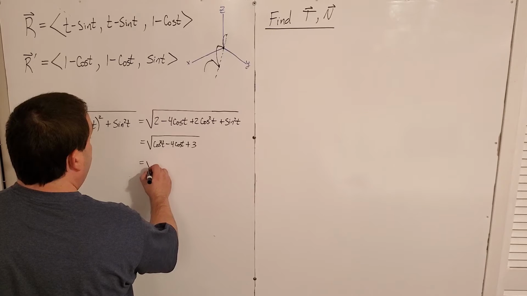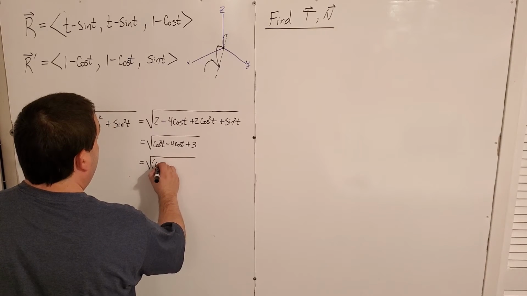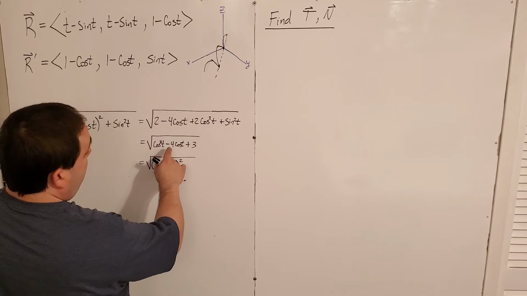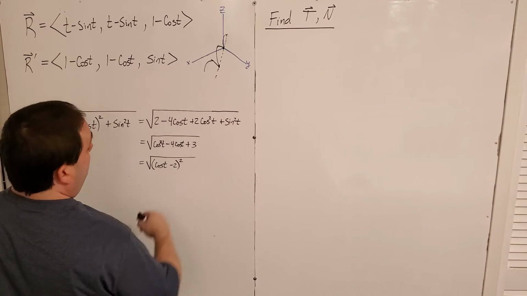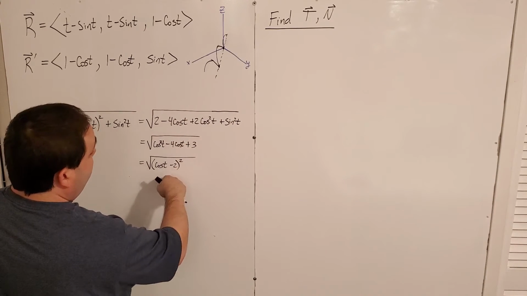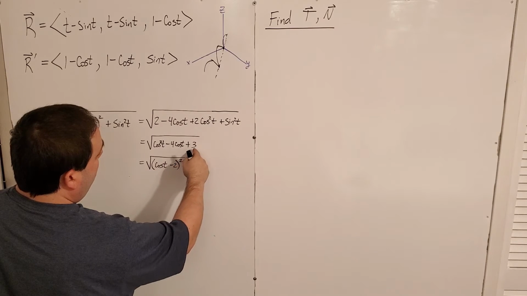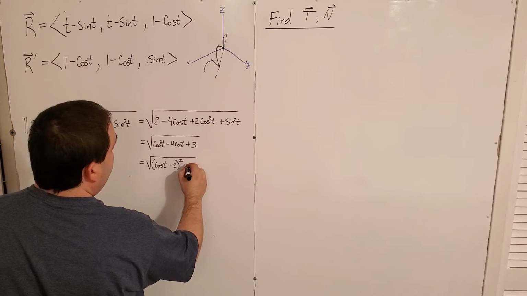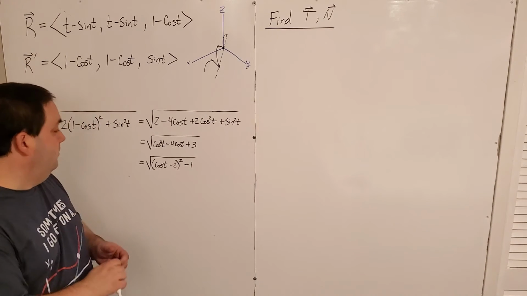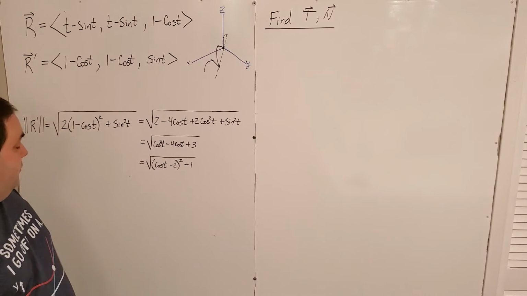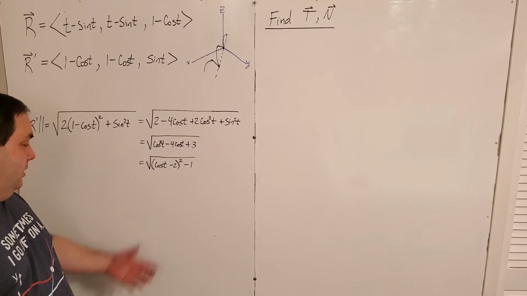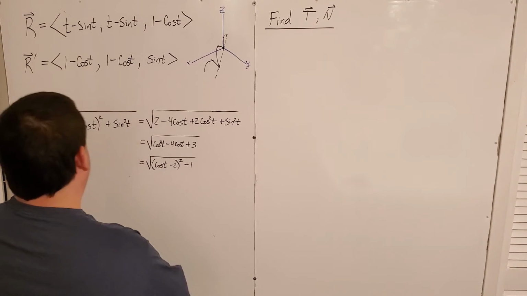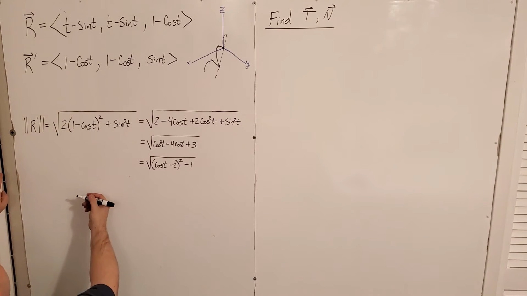So you end up with something like (cosine t minus 2) all squared, and then half of the 4 is 2, squared is 4, so you have to do plus 4 minus 4 here, which gives me a minus 1, right? So then from here, there's really not a whole lot else you can do. It's just stuck looking like that. So my T vector is this nasty looking thing.